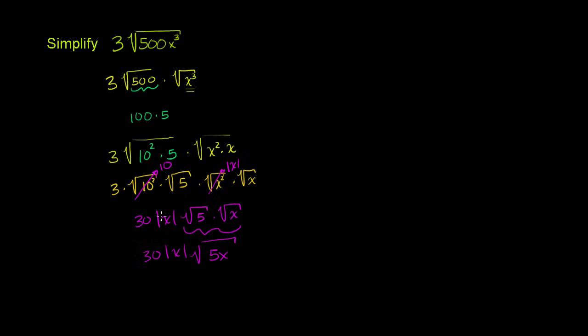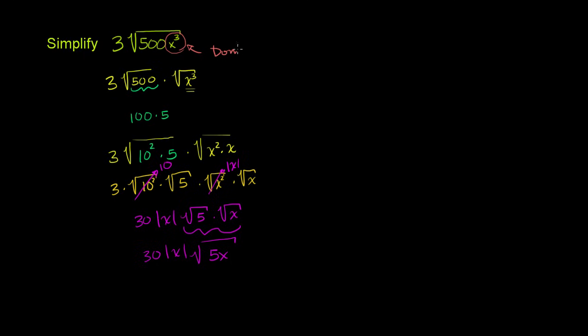And the interesting thing here is, if we assume we're only dealing with real numbers, the domain of x, the x's that will make this expression defined in the real numbers, then x has to be greater than or equal to 0. So maybe I could write it this way.